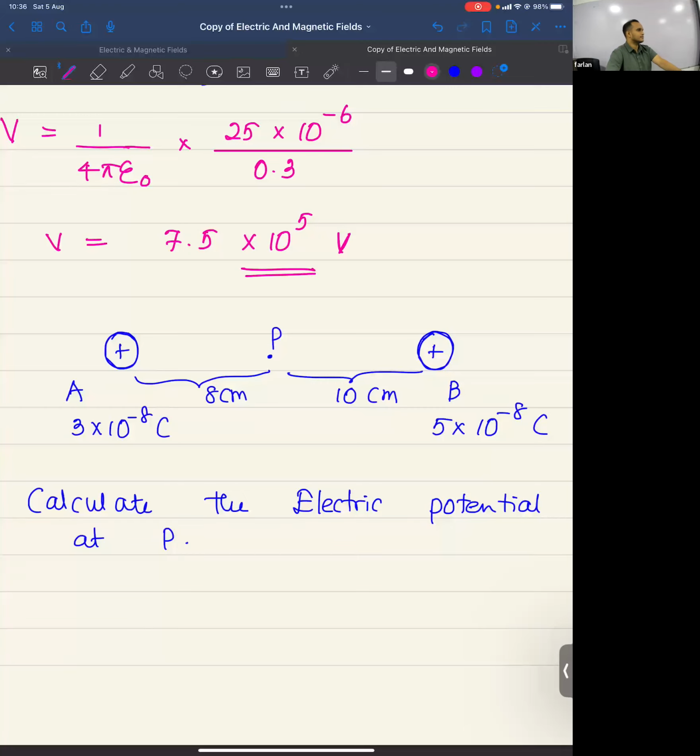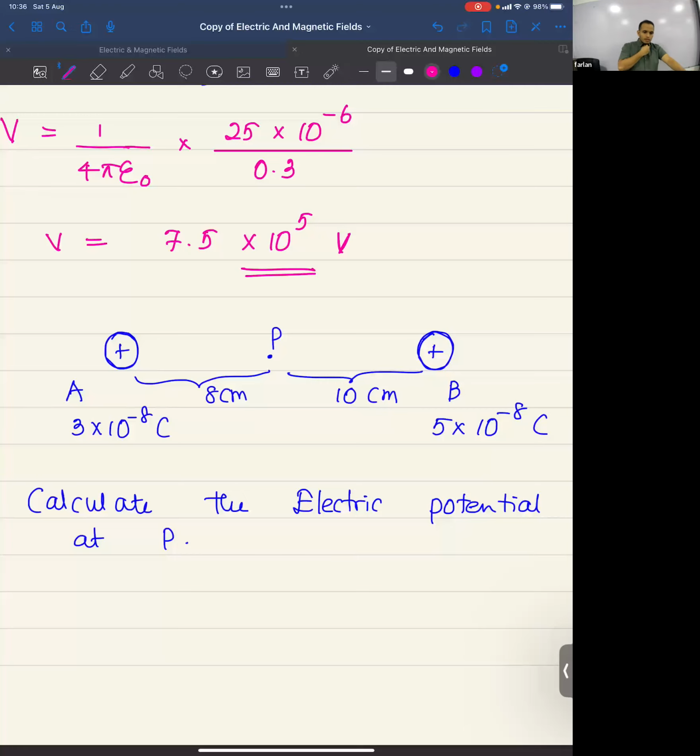It's a vector. Why? Electric field strength means force per unit charge. The force is a vector, no? It has a direction. So the electric field strength is a vector. Electric potential, is it a vector or a scalar? It's a scalar. It doesn't have a direction. It is the amount of work done per unit charge, and work done doesn't have a direction.